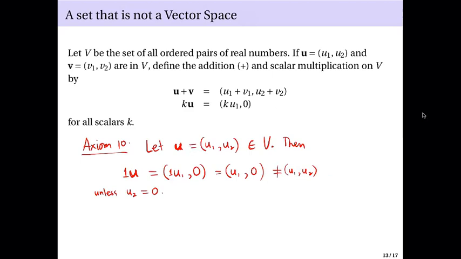If U is an arbitrary object in V, meaning you actually get some U2 which is not 0, then 1 times U is not equal to U. Which means that axiom 10 is not satisfied. So the set here is not a vector space.